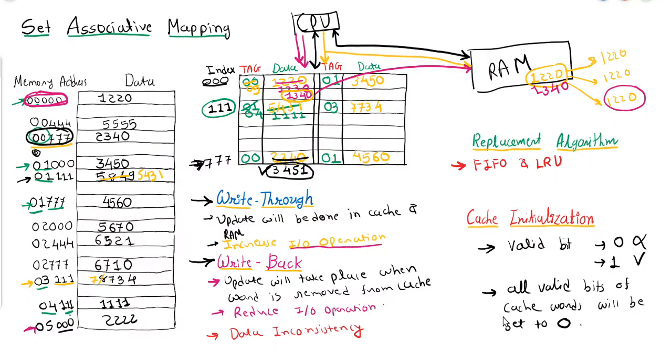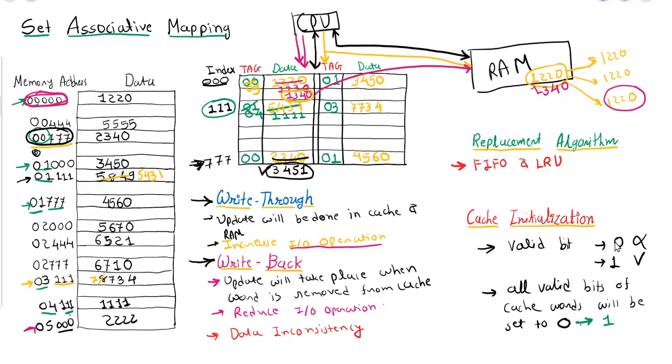Initially, all cache references will result in a cache miss. And once the proper memory word is stored into the cache memory, for that particular word this 0 will be converted into 1. So the CPU can know that this is valid data. This is how cache initialization will work.